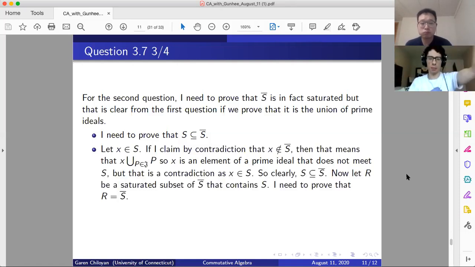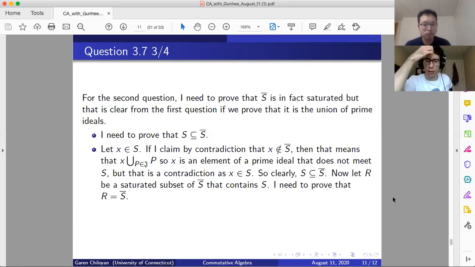So let X be in S. If I claim by contradiction that X is not in S bar, that means that, oh, I'm sorry, there's a mistake. This should be that X is in this union of prime ideals. So that means X is an element of a prime ideal that does not meet S. But that's a contradiction because X is already in S. That doesn't make sense. So already we have containment.